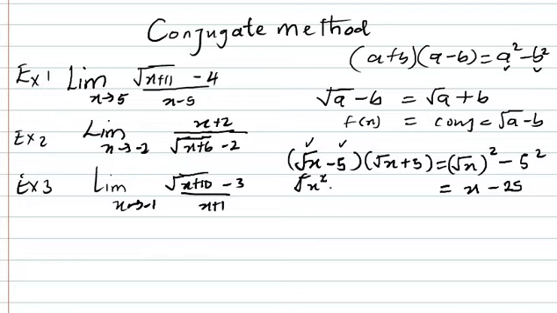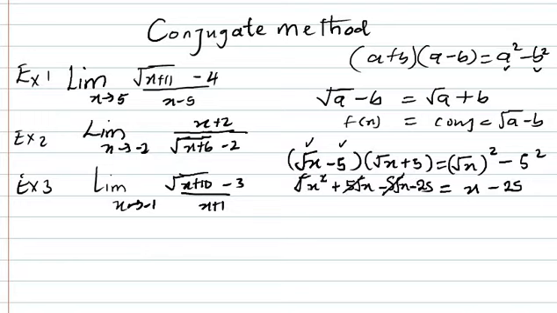Likewise here, if you multiply this by this, we have 5 root of x, and then multiplied by this, negative 5 root of x, and these cancel. Then negative 5 times positive 5 gives negative 25.